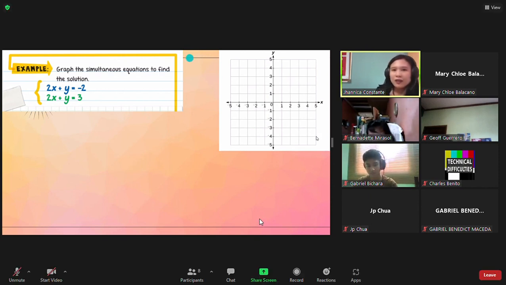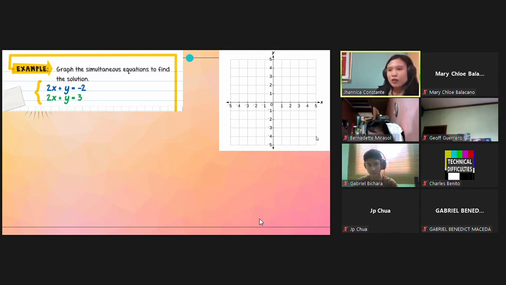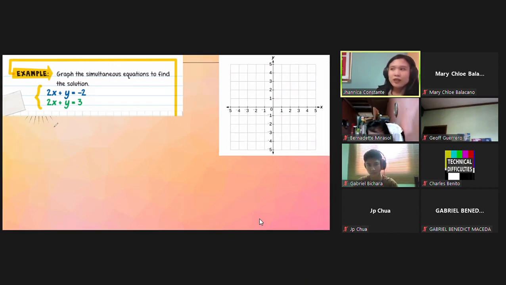We have three ways we can solve it: by graphing, by substitution, or by elimination. So let's solve using the slope-intercept form. Slope-intercept form is y equals mx plus b, wherein m stands for the slope and b stands for our y-intercept.